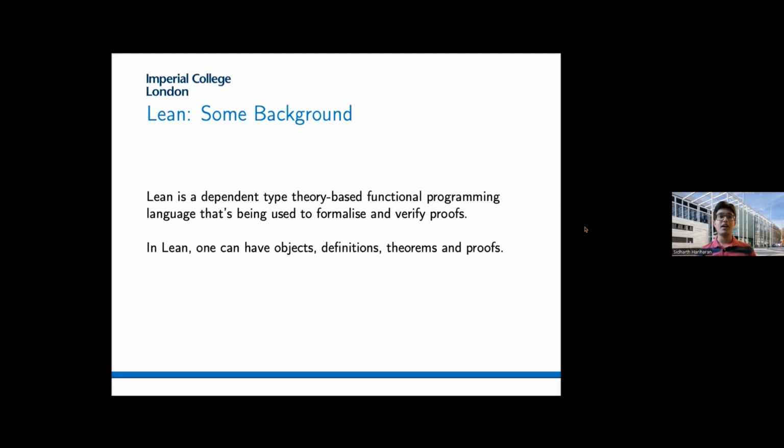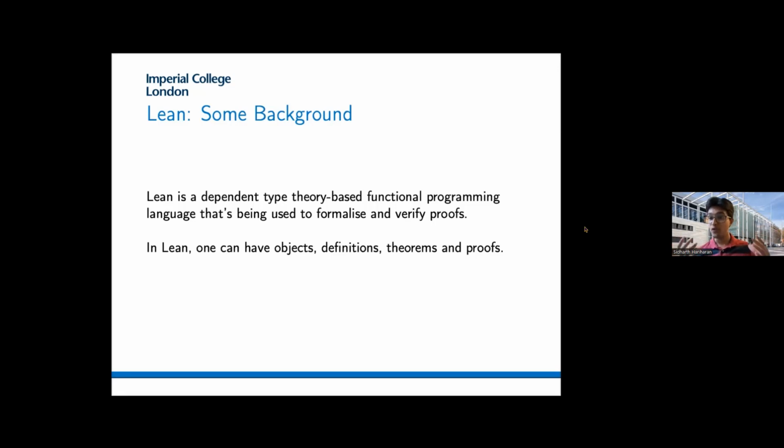And then you can have theorems, just as you would in mathematics, which tell you that given certain conditions, you have a certain conclusion. Given a set of hypotheses, you can come up with a certain conclusion. And considering that Lean is a functional programming language, if you guessed that theorems are formalized as functions, you'd be absolutely right. Because a theorem is essentially written as a function that takes as input a bunch of hypotheses and gives as output a bunch of conclusions.